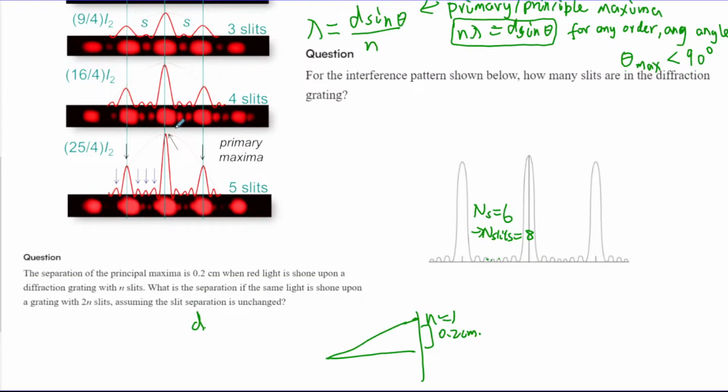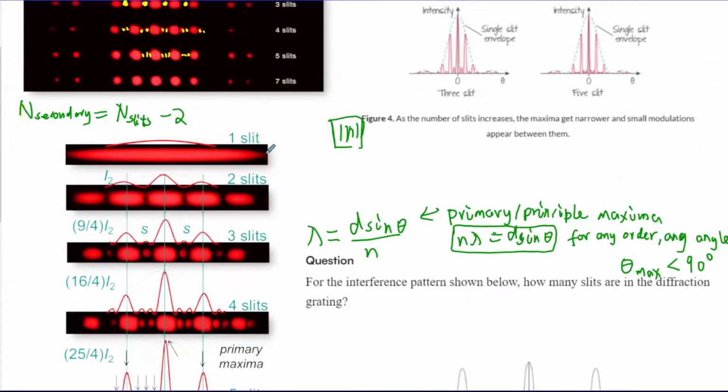What will happen instead is, since you have double the number of slits, you'll have correspondingly about double the amount of secondary maxima. So what's going to happen is they'll become narrower and clearer to identify, but they will not change their distance, as we indicated here.